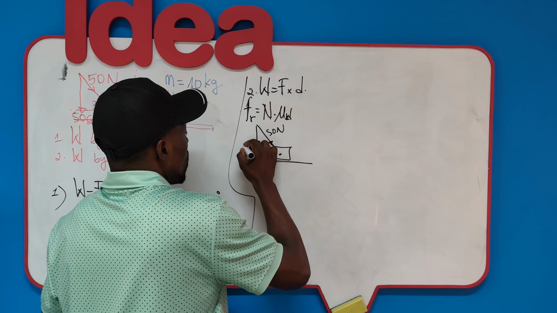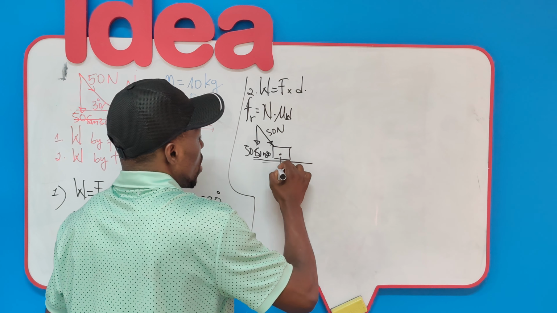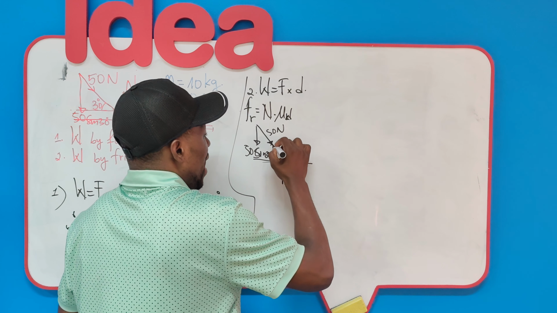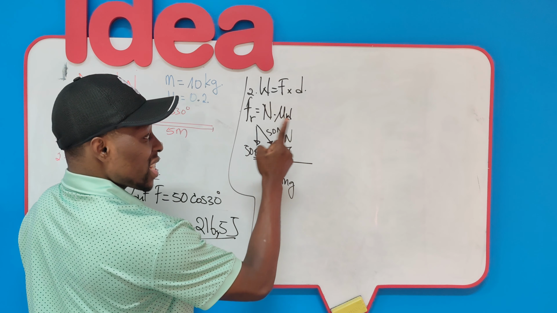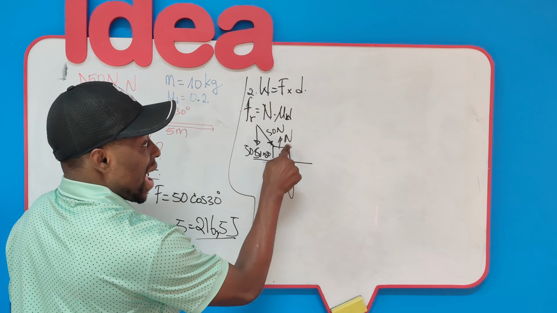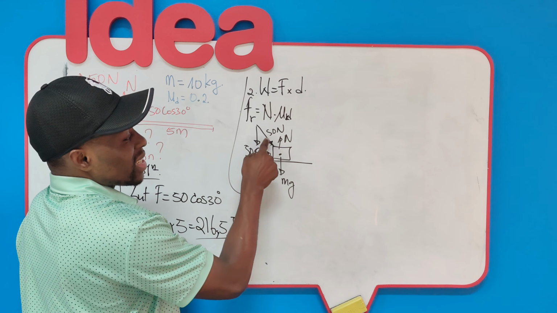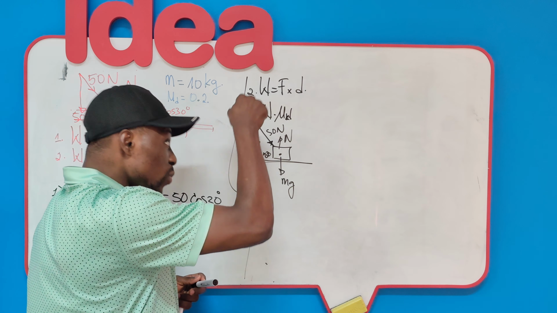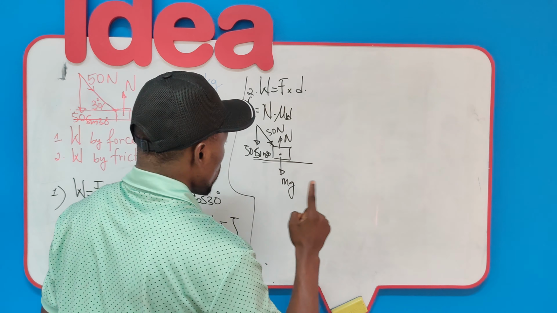Here we have 50 sin 30, here we have mg, and up here we have N. So be careful not to make the mistake of saying N is mg. We have to take into account the component of the 50 Newton force which also acts downward. So be very careful with this.